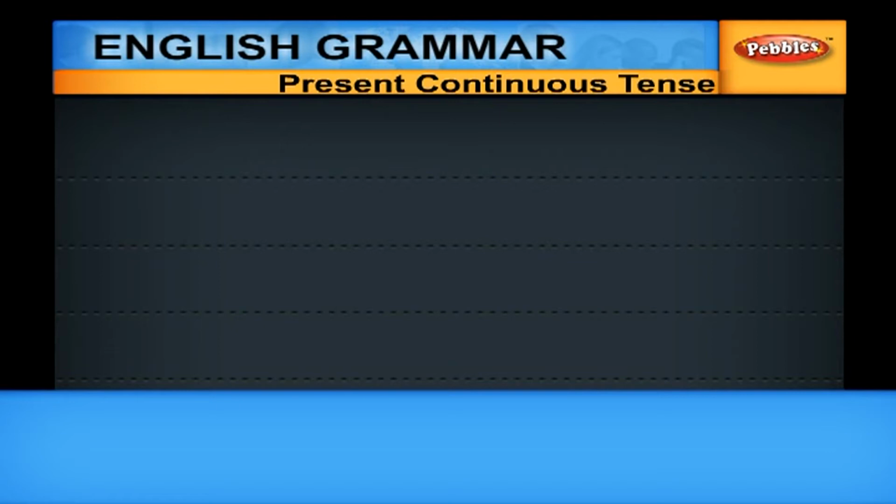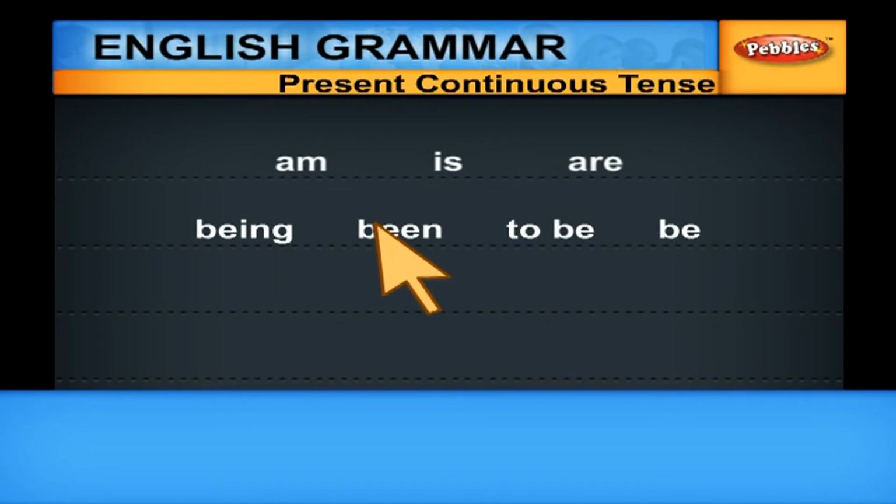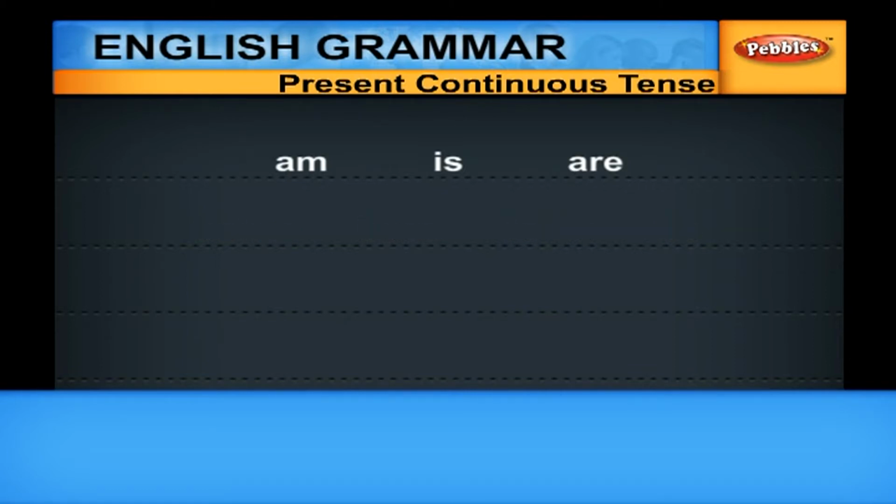Again, present continuous tense will have am or is or are as helping verbs. You may ask about being, been, to be, or other be forms, but they are not used in present continuous.